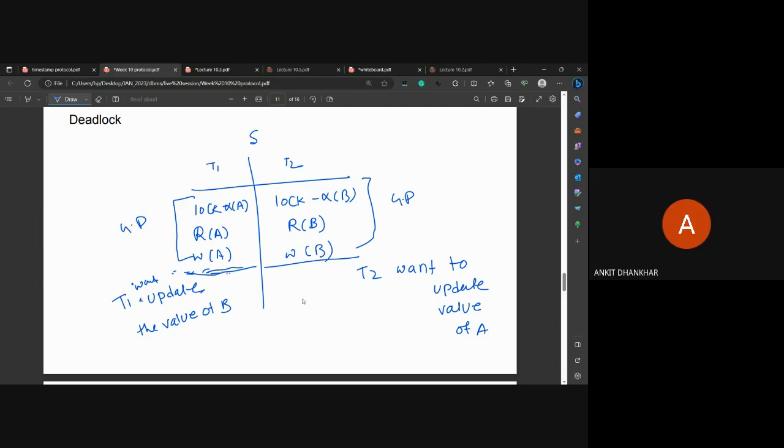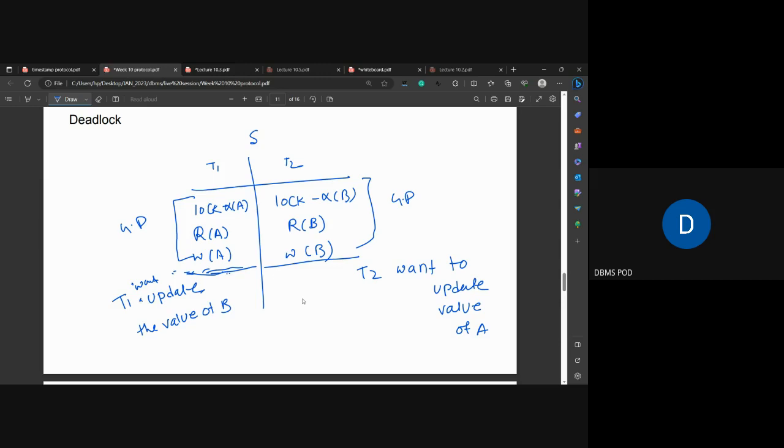Yes, sir. But T1 will wait for T2 to unlock the B data item, and T2 also wants to update the value of A, so T2 also waits for T1 to unlock the data item A. Correct. So both will wait.